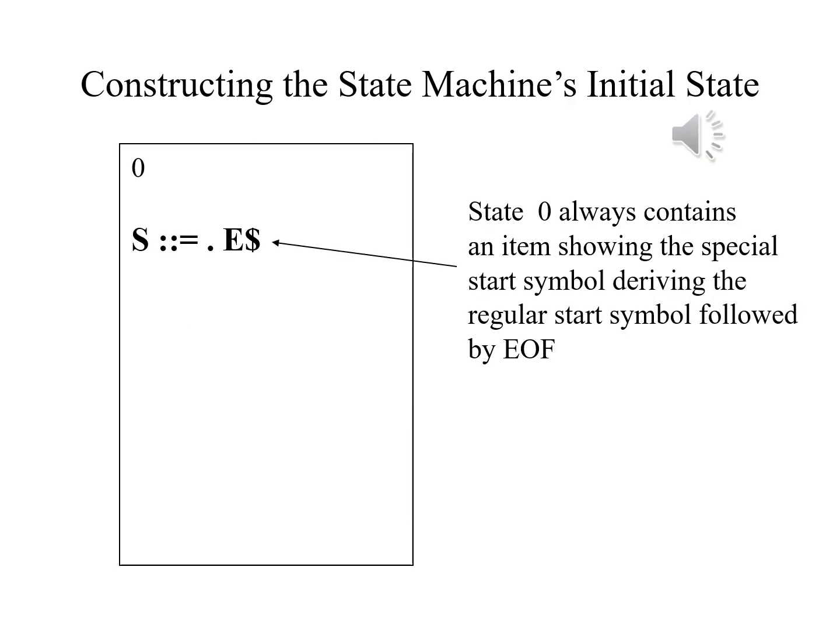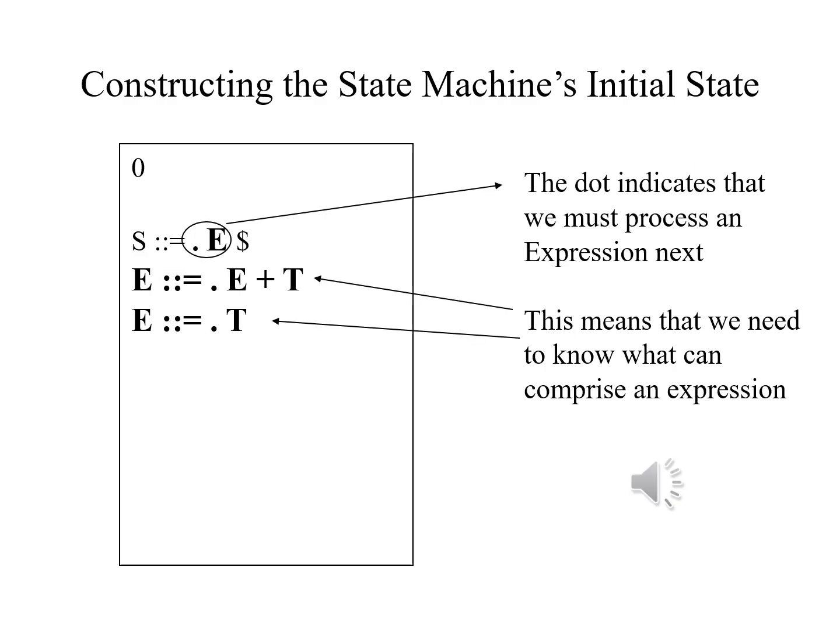State 0 will always begin with the special start symbol deriving the regular start symbol followed by the end of file marker. The dot is before the E because we haven't traversed past the E as of yet. Having the dot immediately before a non-terminal, in this case expression, I now need initial items for expression.